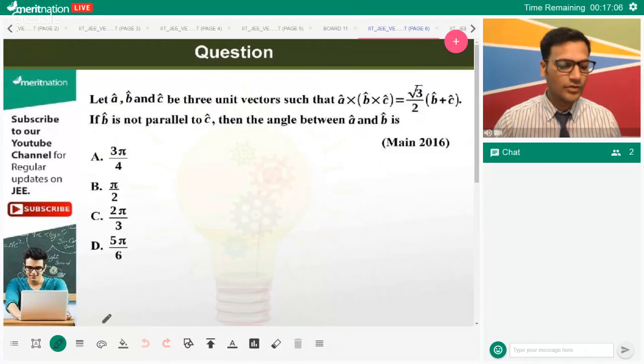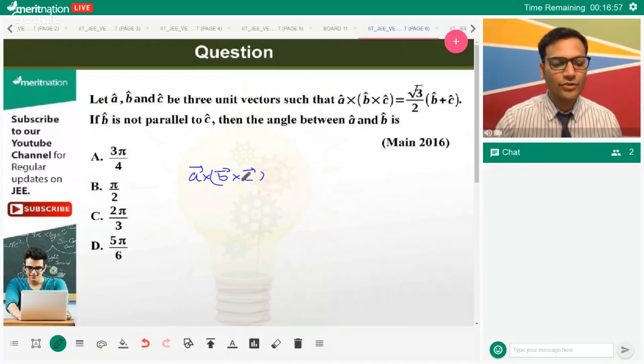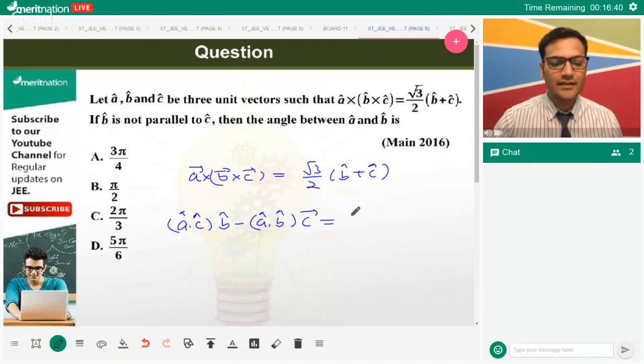Okay, so what we can see over here is, we know the expansion to A cross B cross C. Obviously these are unit vectors, so you should write it as unit vectors only. This is root 3 upon 2 vector B and root 3 upon 2 vector C.